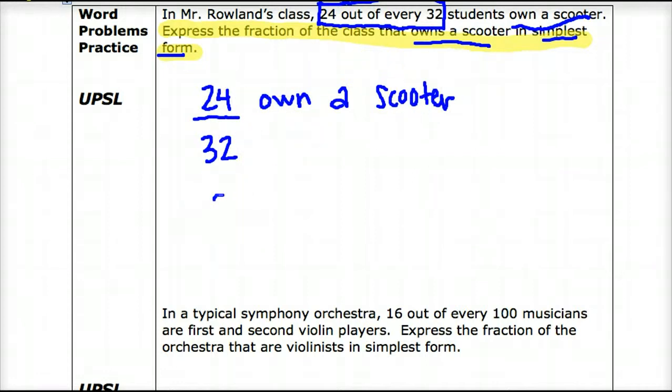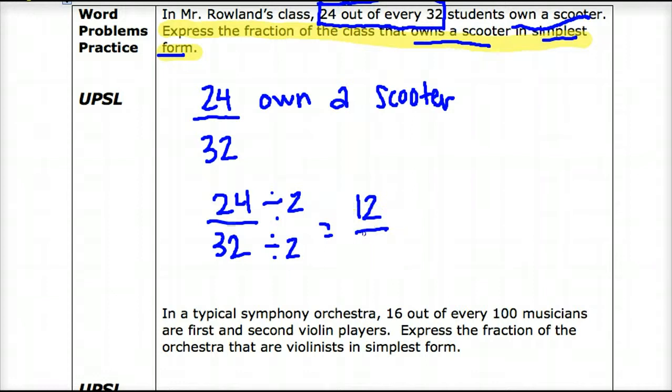If we want to simplify 24 over 32, we need to find the GCF of these two numbers. Now, we know that both of these numbers are even, so they could be divided by 2's to start us off. And we know that 2 will go into 24 12 times, and that 2 will go into 32 16 times.